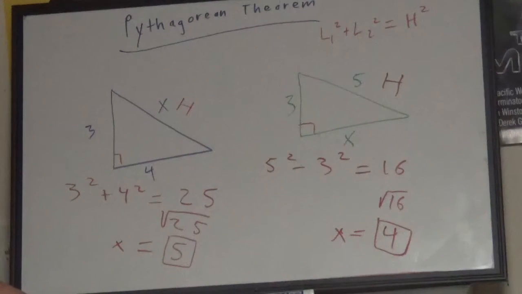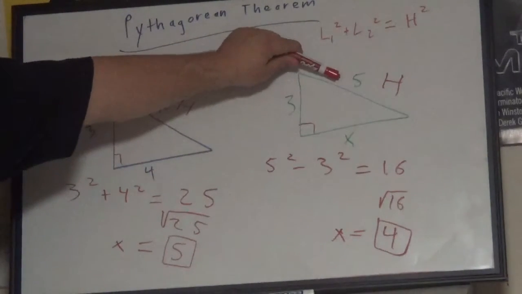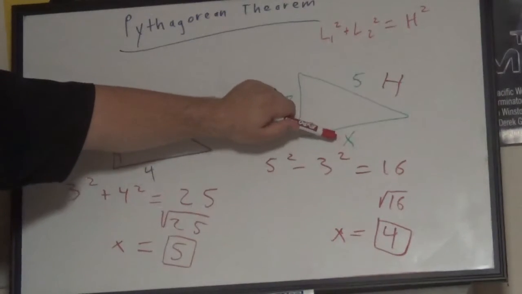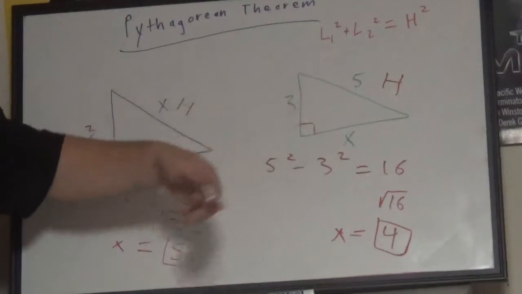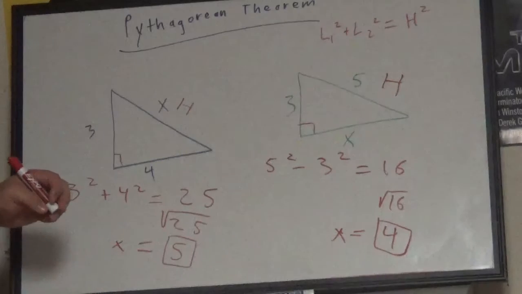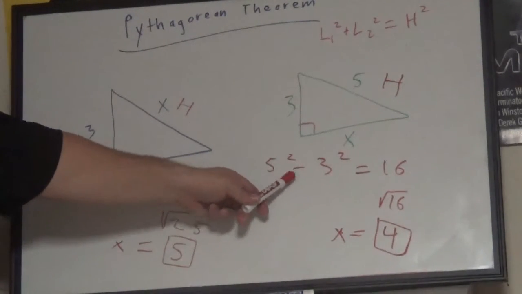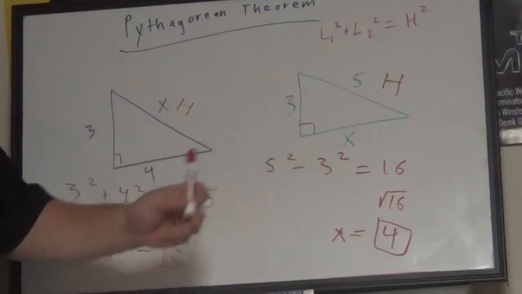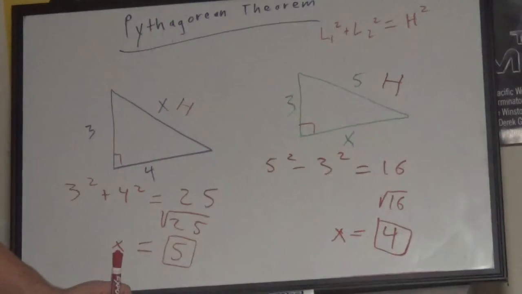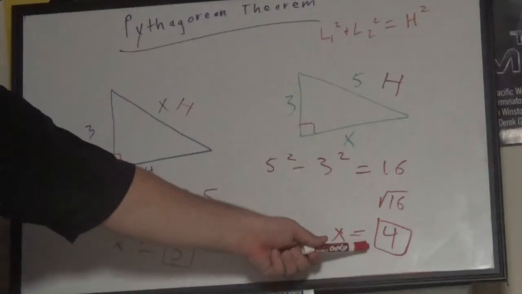That's your hypotenuse length. If you are given the hypotenuse, so you're trying to find a leg, you're solving for a leg, now you're going to start with the hypotenuse squared minus the leg squared, get your answer, find the square root of the answer, and that will be the length of the leg.